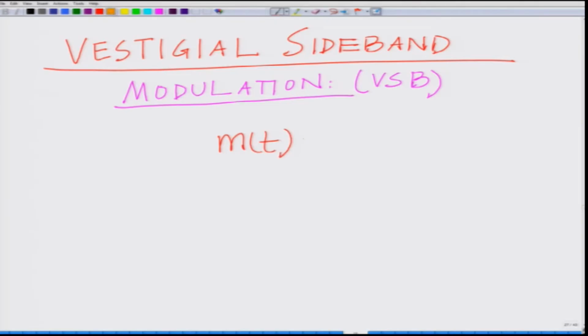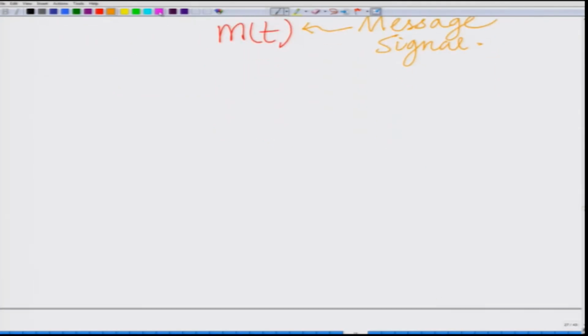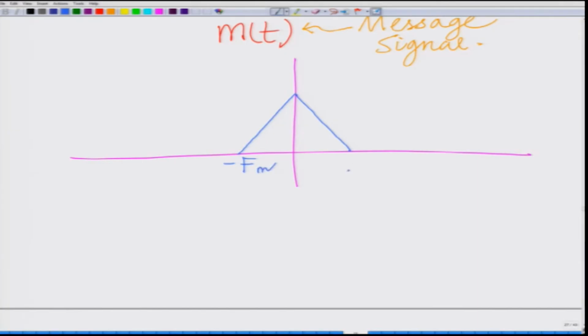This message signal m(t) has a spectrum which looks like this, from minus fm to fm. This point is M0. So, this is your spectrum M(f) in the frequency domain.